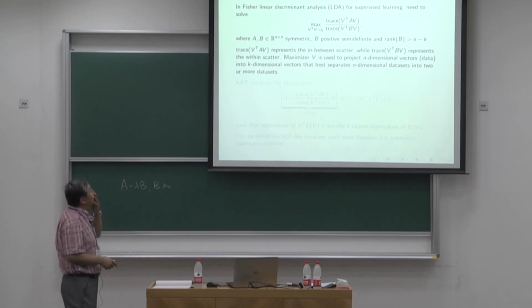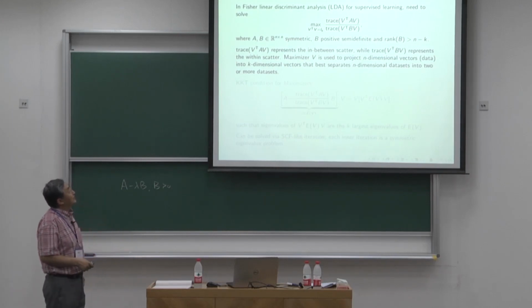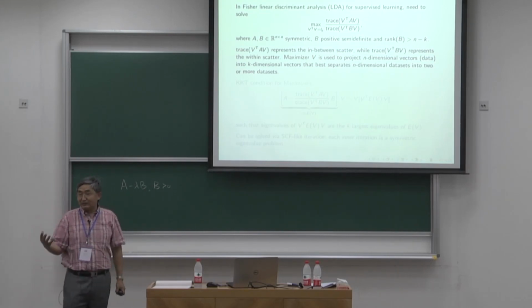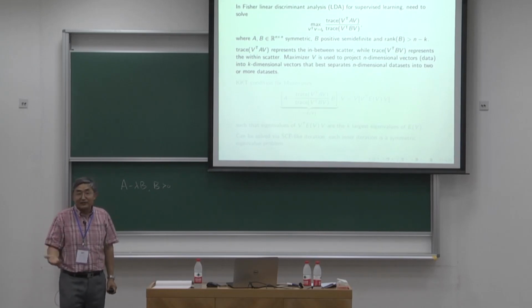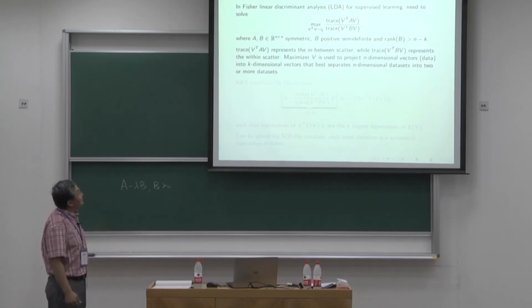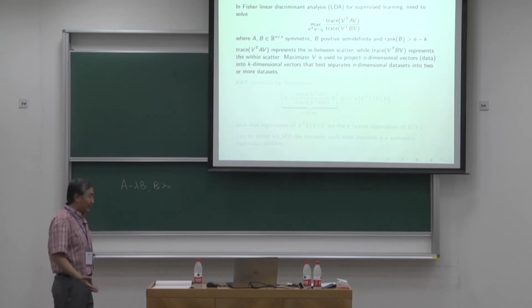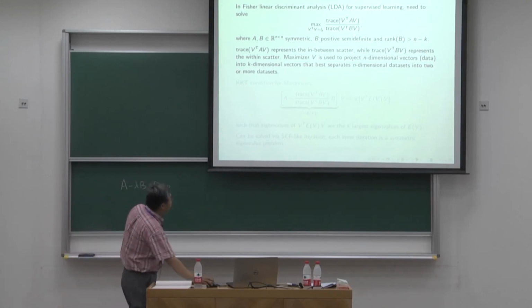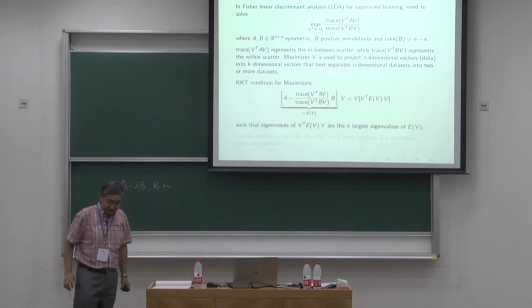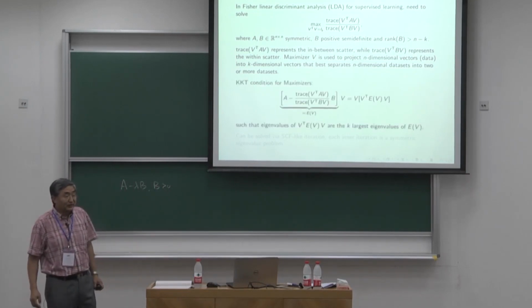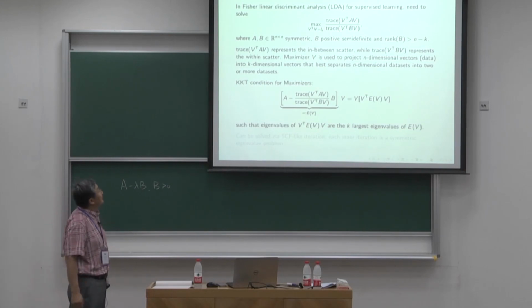Okay. How do we solve this maximization problem? Well, in calculus, when you have a function, you try to find the max or min. How do you do that? You take a derivative. Here you do the same thing. You take a derivative and arrive at the so-called KKT equation. You can Google what KKT means. It stands for the first letters of three mathematicians.